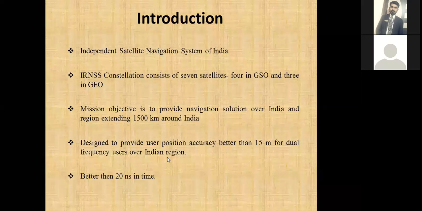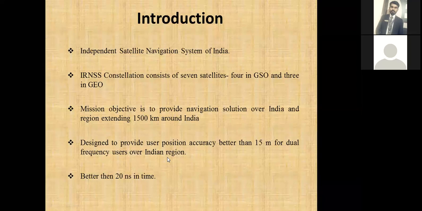So we have a constellation of 7 satellites, out of which 4 are in GSO, sometimes called inclined GSO because they have an inclination of 29 degrees. And there are 3 GEO satellites, which are sometimes called GSO also because they have an inclination.